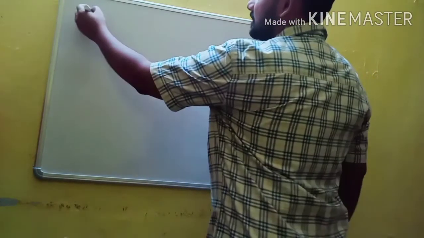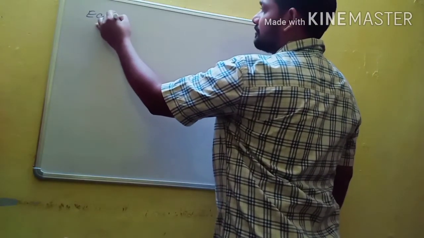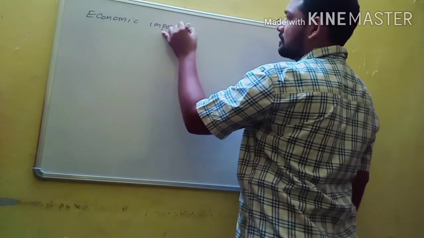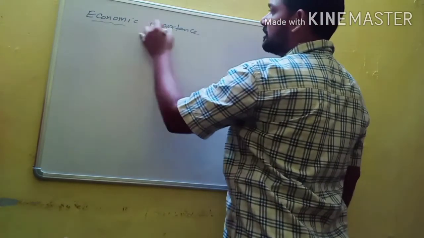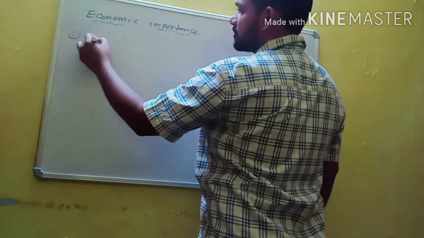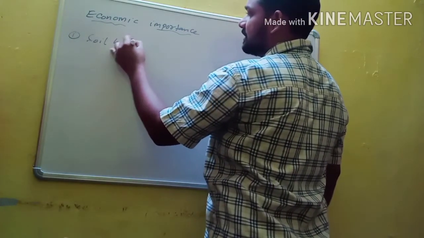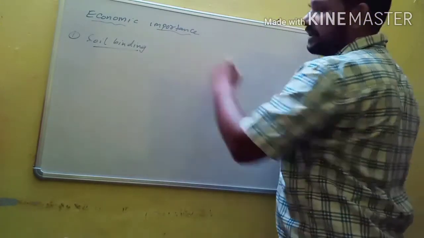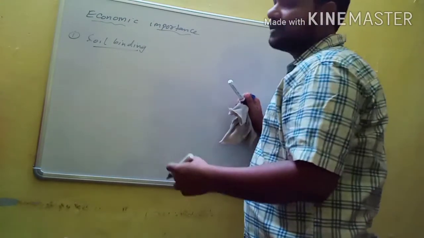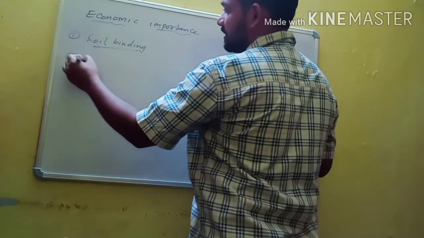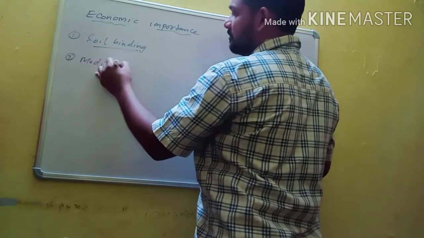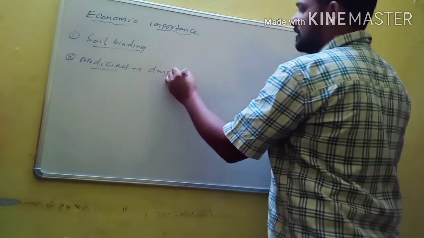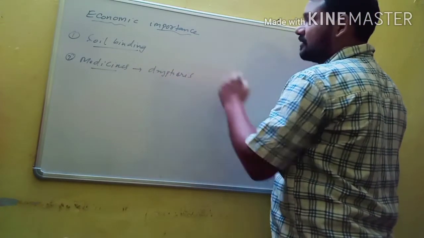So let us discuss the economic importance of pteridophytes. First one is soil binding. Some pteridophytes help in binding soil in hilly regions, and they also prevent soil erosion. Second is medicines, and some pteridophytes like Dryopteris produce anthelmintic drugs.